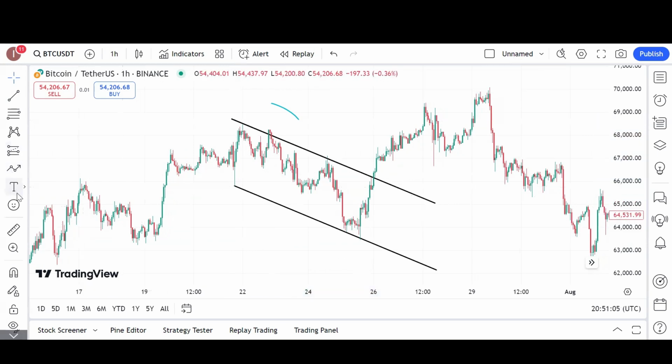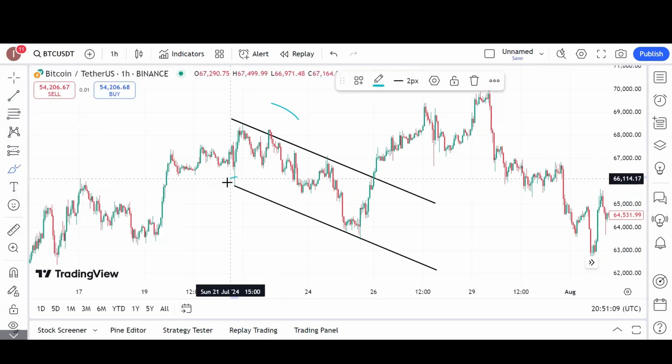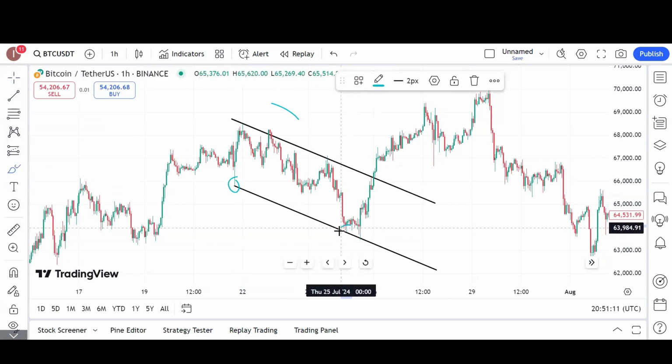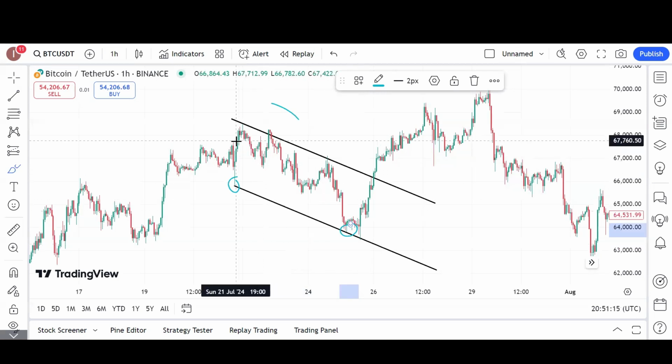Okay, now first tab, second tab. Okay, now the market is in a downward trend.